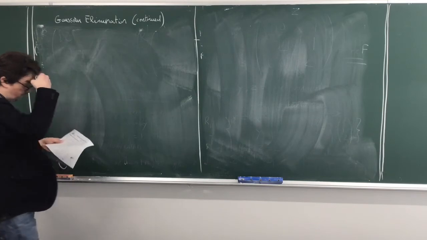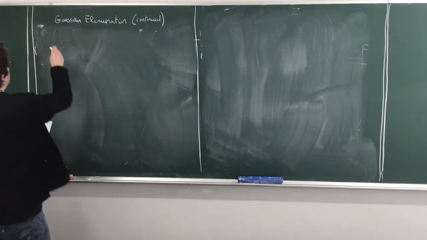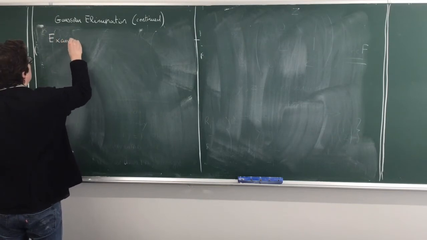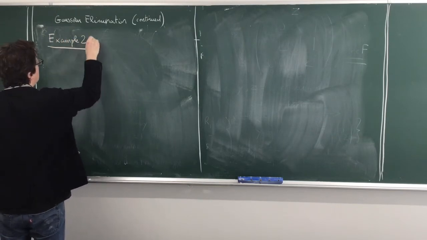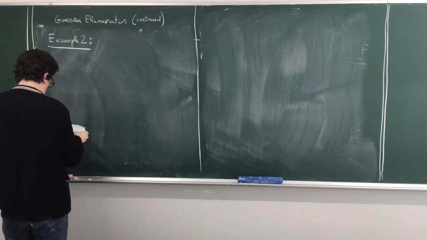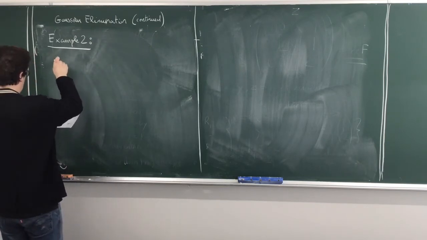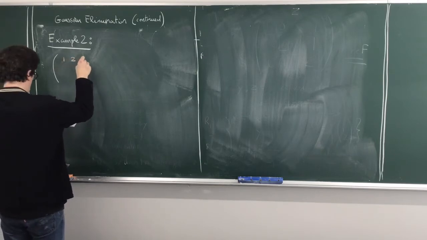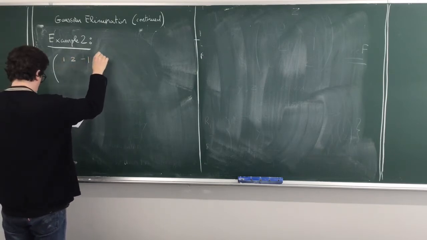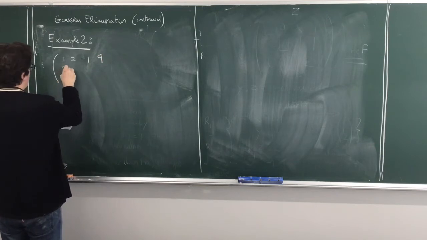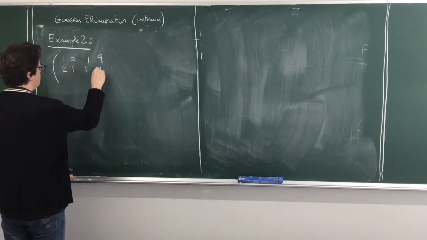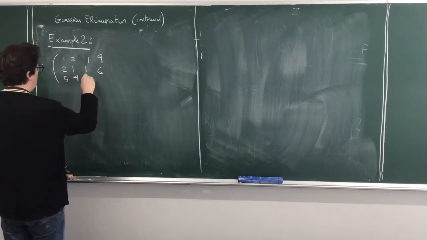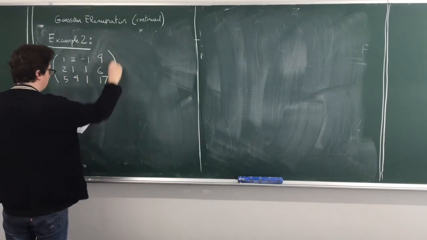So I'm going to start from the augmented matrix. Alright, so here we start from the following matrix: 1, 2, minus 1, 4, 2, 1, 1, 6, 5, 4, 1, 17.